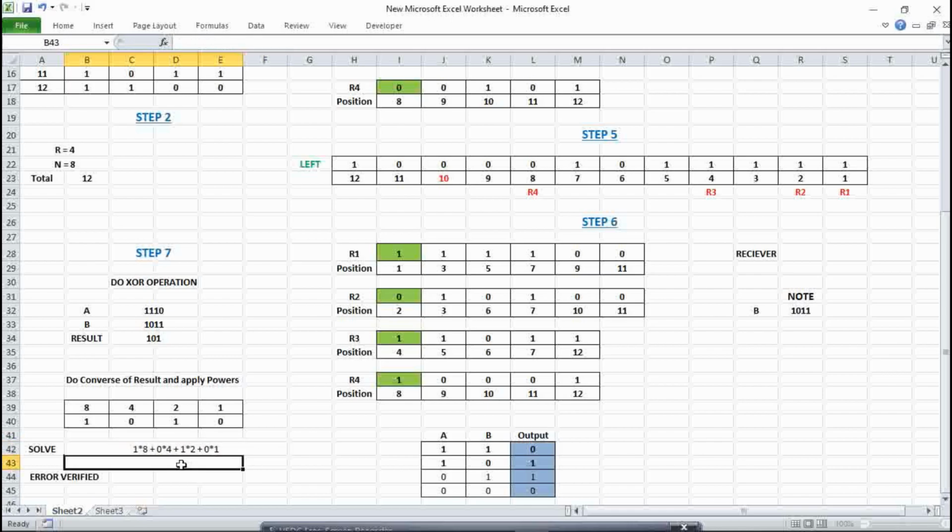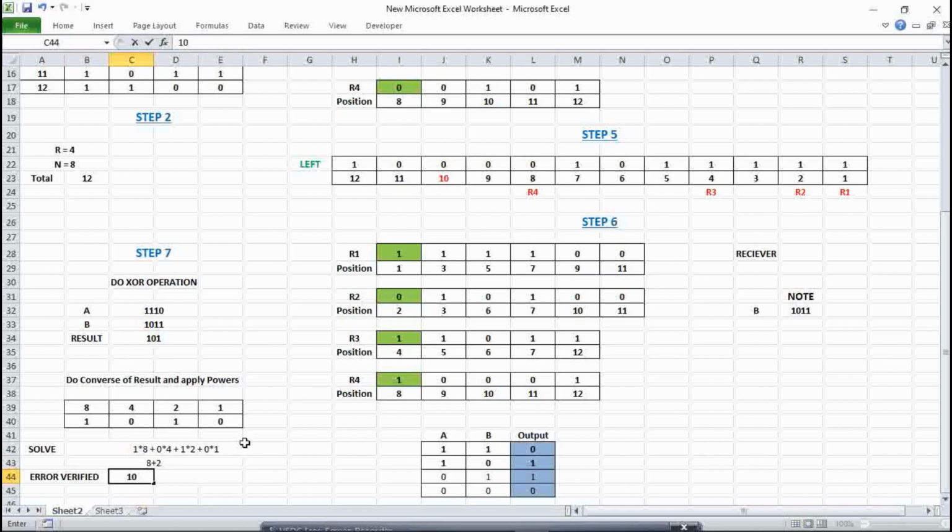When you solve this equation, 1 multiplied by 8 is 8. 0 multiplied by 4 is 0 only, you don't need to write that. 1 multiplied by 2 is 2, and 0 multiplied by 1 is 0. So the output is 8 plus 2, which is 10.